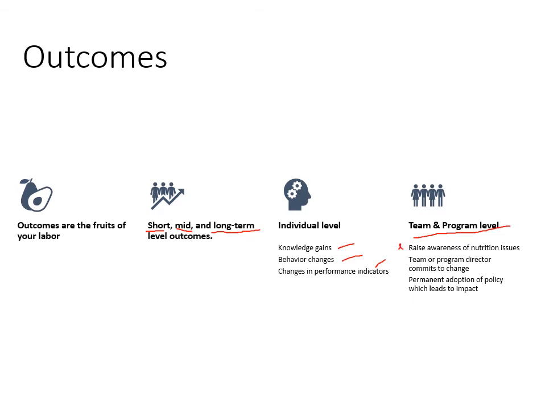So these outcomes I've defined as raising awareness of nutrition issues, getting a commitment to change, and then finally a permanent adoption of that change, which leads to some sort of impact. So an example of that would be that I talked to my program director about how the athletes aren't really able to use their meal plan effectively, and how a fueling station will solve that problem.